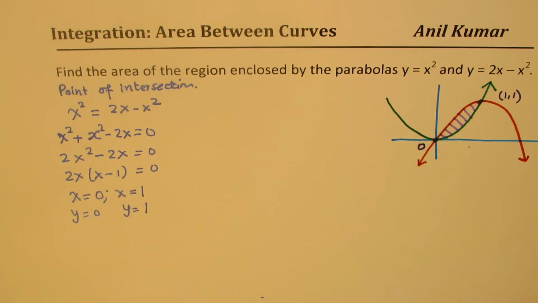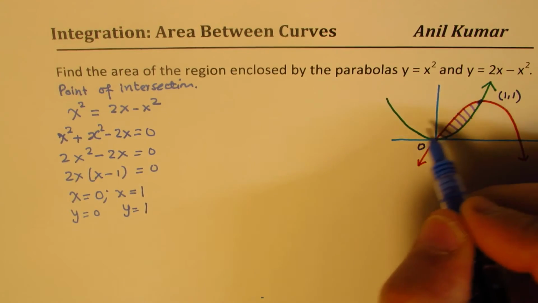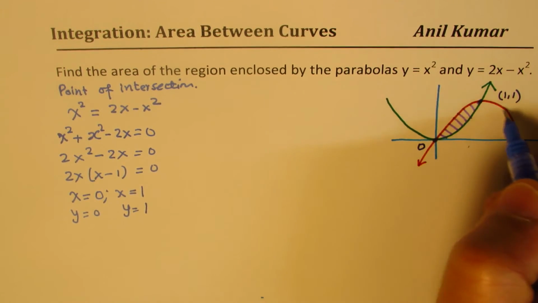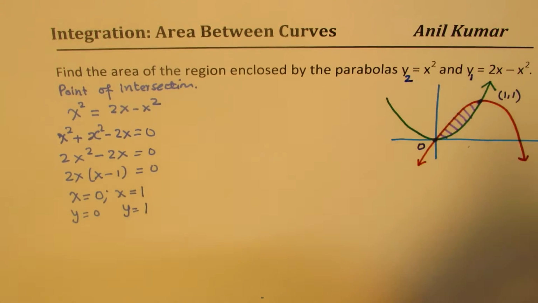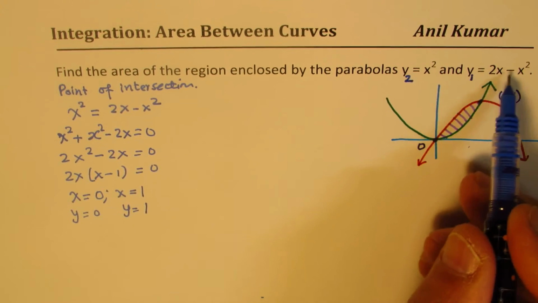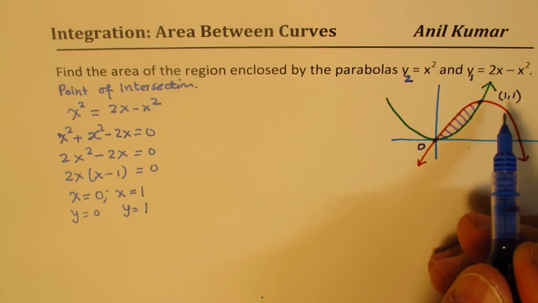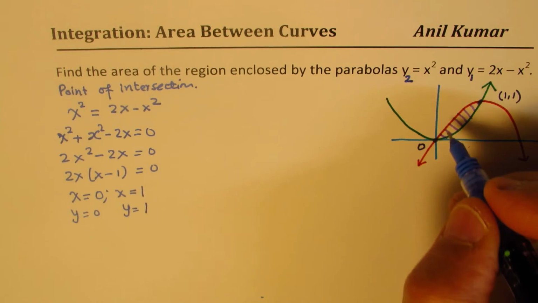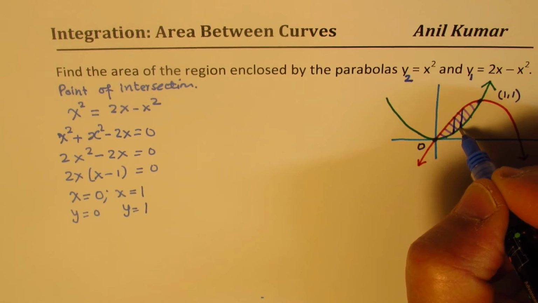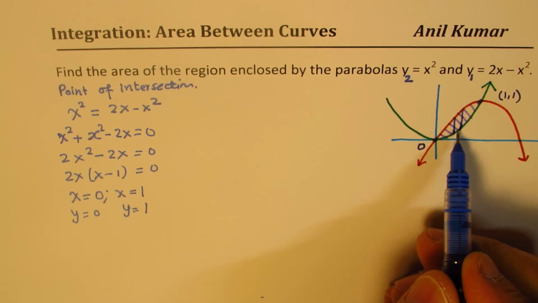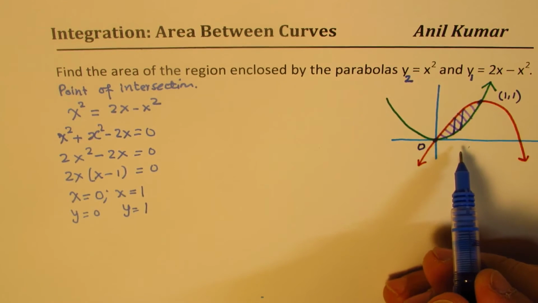So what we really do here is let's consider the two functions. Let's say this one going downwards, let's call this y1, right? And the other one is y2. So the region is between these two curves, correct? So for area, we'll consider the rectangles which can be formed within this. The boundary of each rectangle is between the two curves, correct?